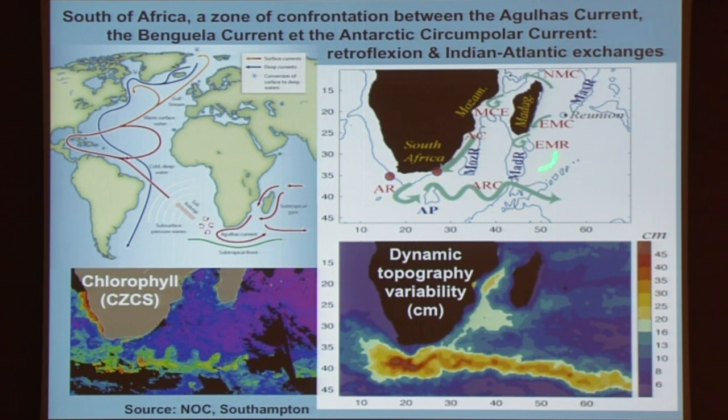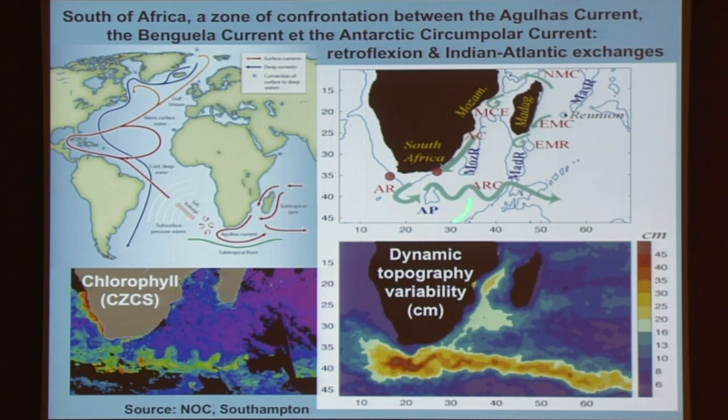There is a western boundary current, the Agulhas current, that flows south, and when it collides with the eastward flowing currents, in the south we have the ACC, the Antarctic Circumpolar Current, it turns back.